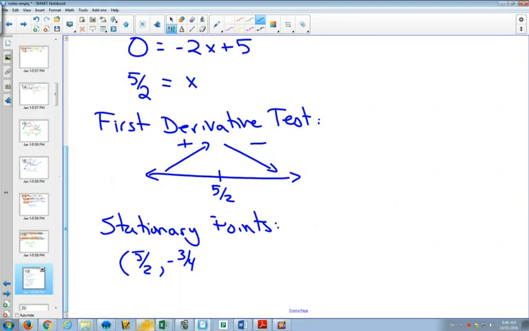So this is our point, and in this case, since we know it's a parabola, it's a local maximum. We could also call it an absolute maximum.